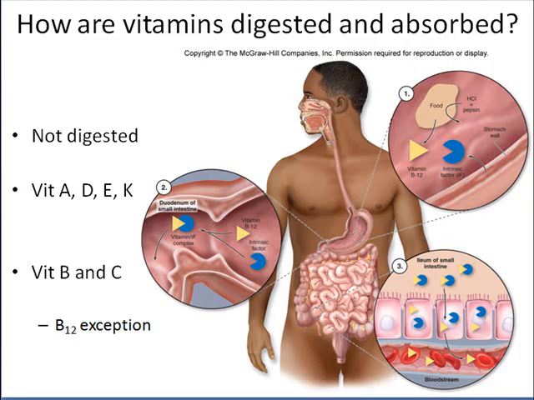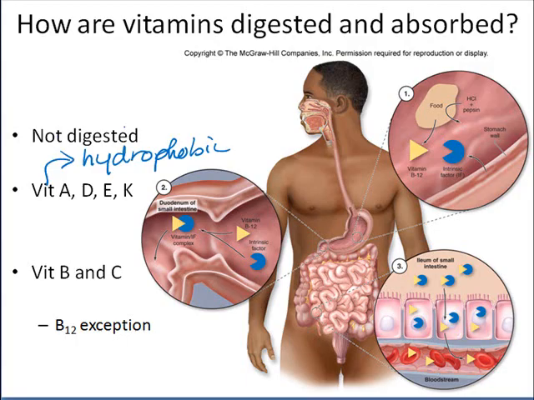But vitamins A, D, E, and K are very hydrophobic, and so they tend to get absorbed in those chylomicrons, first in the micelles, and then they get formed into chylomicrons. They tend to be readily absorbed along with other lipids.